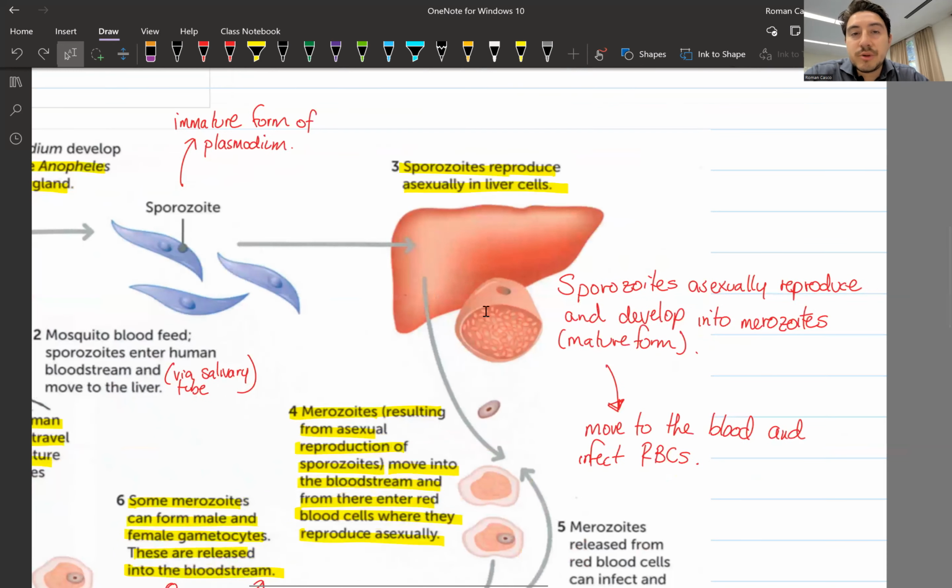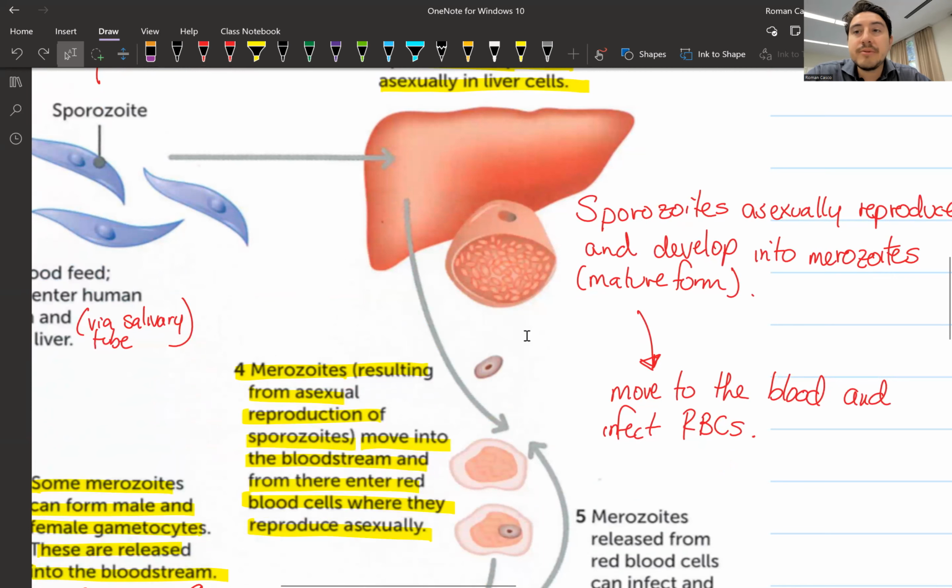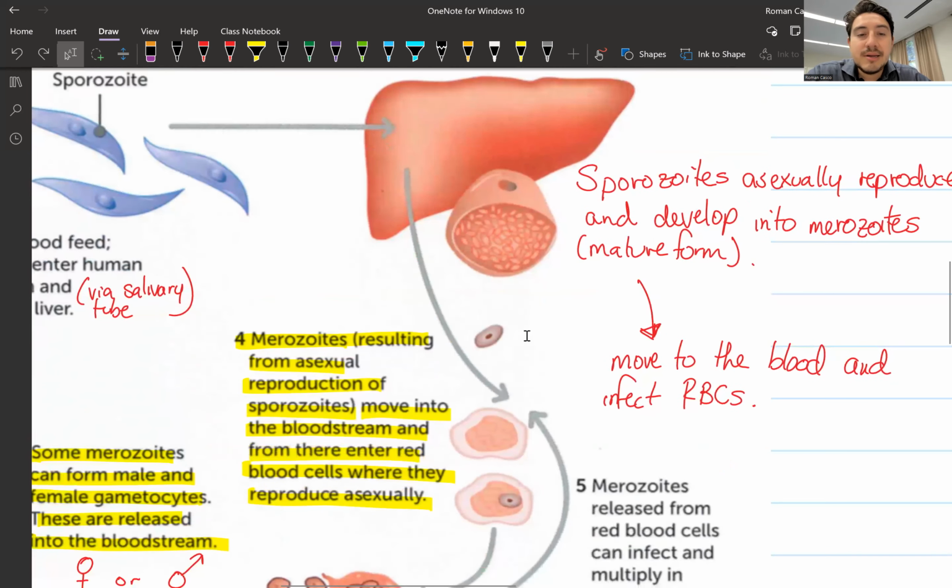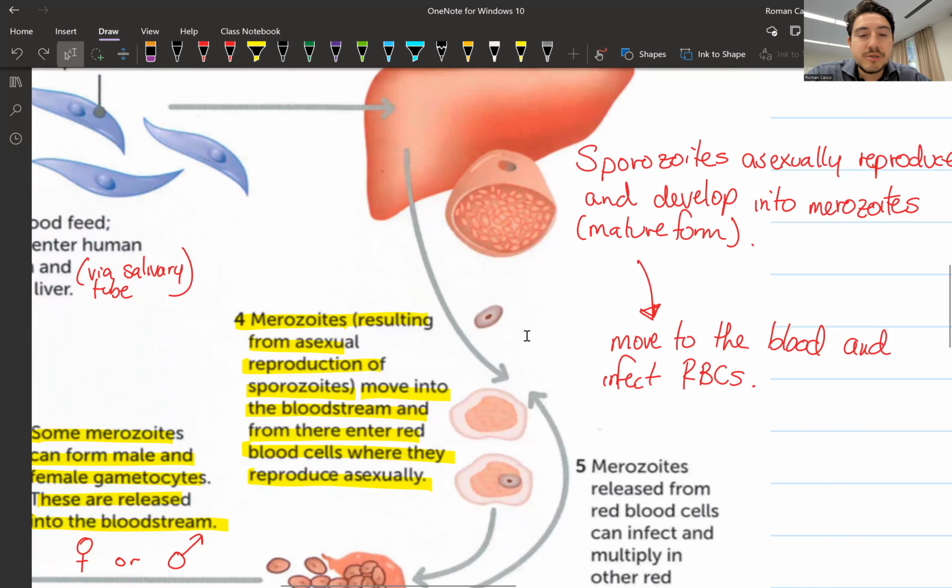So you went from sporozoites to merozoites in the liver. And then when they mature into these merozoites, they move on to another tissue type that enables them to mature as much as they can as full plasmodium.